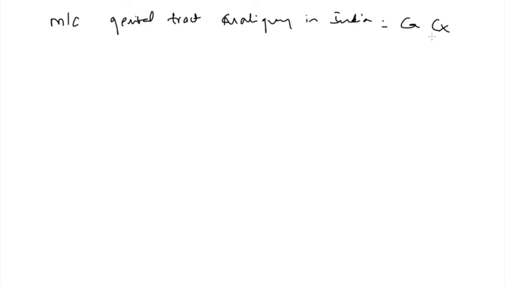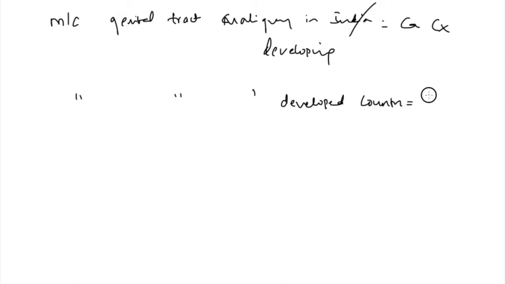Next, if they ask which is the most common genital tract malignancy in India, the answer is CA cervix. There's no question. In India, or any developing country, it is going to be CA cervix. If they instead ask in a developed country, it is going to be CA endometrium.